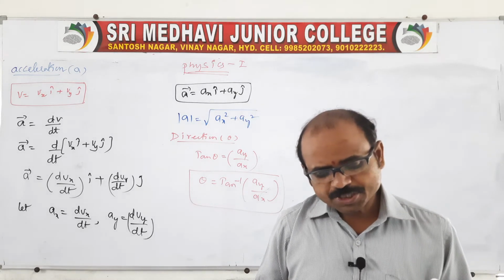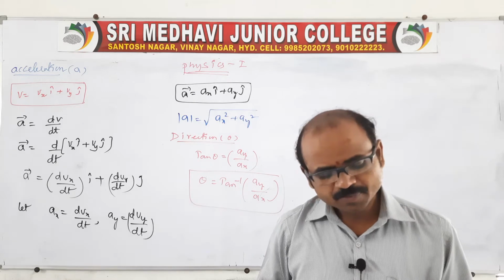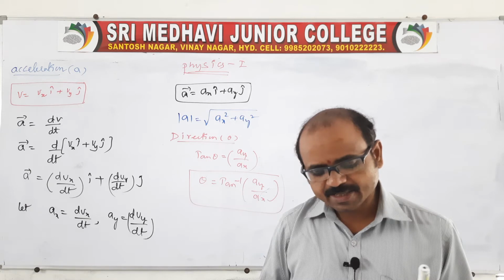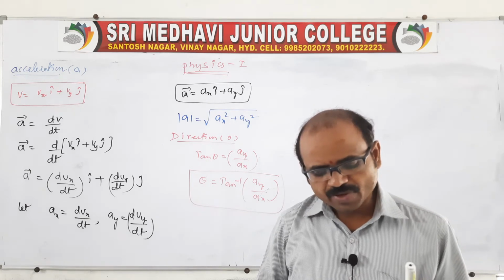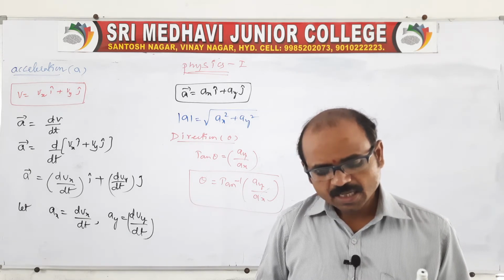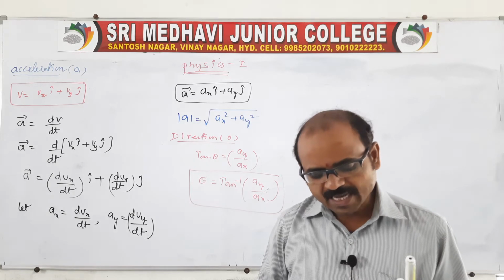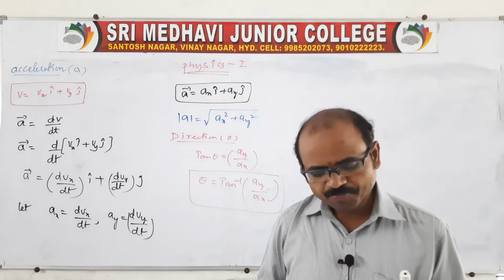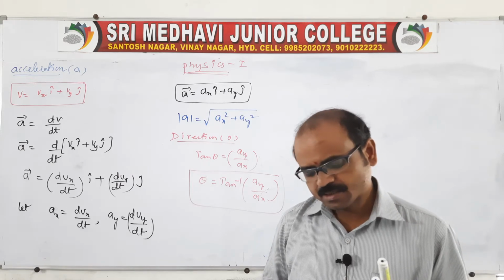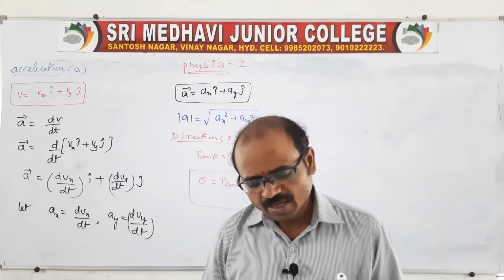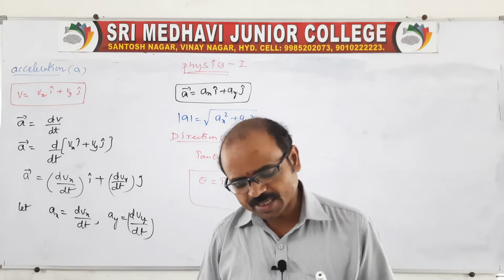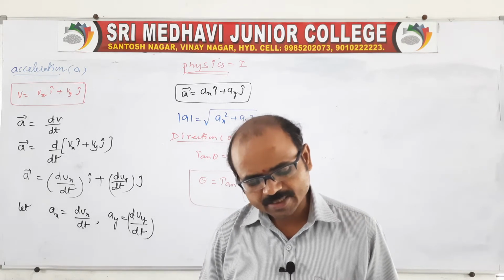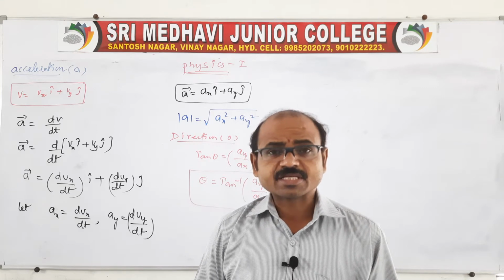The position of a particle is given by r is equal to 3t i cap plus 2t square j cap plus 5k cap, where t is in seconds and the coefficients have the proper units and r is in meters. Find the velocity and acceleration of the particle, as well as the magnitude and direction of velocity and acceleration at time t is equal to 1 second. This is the given question.